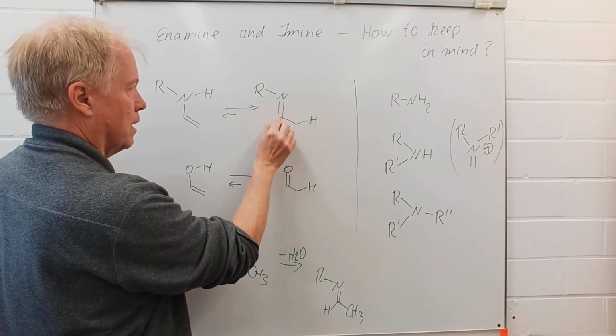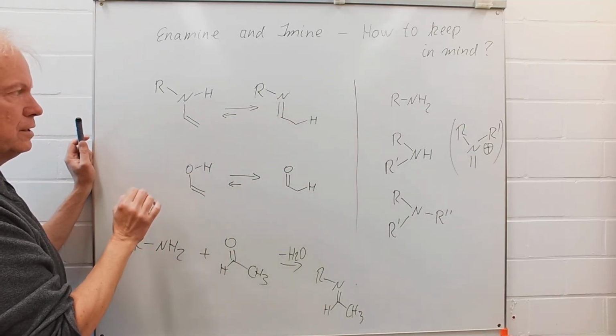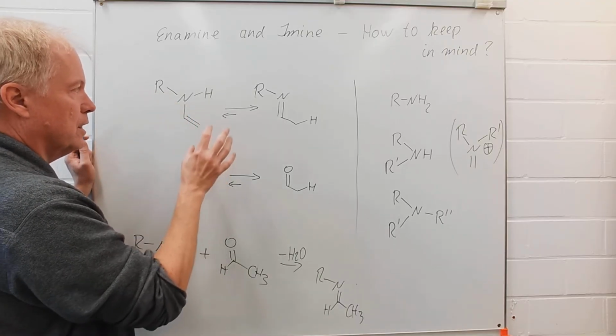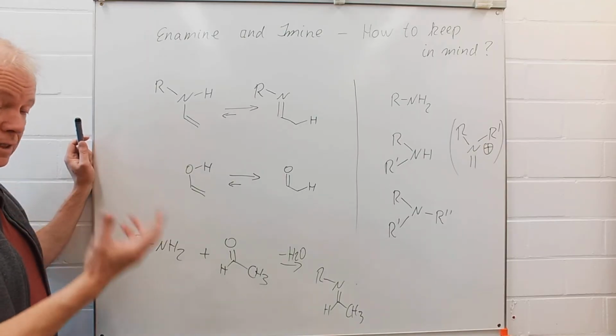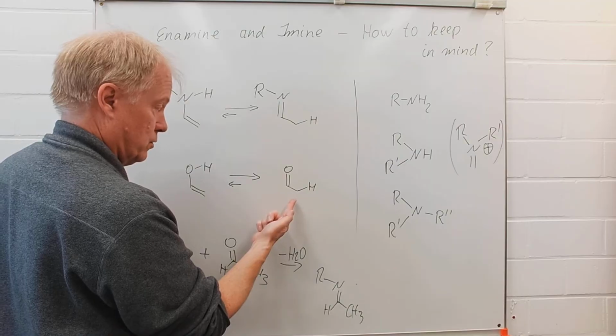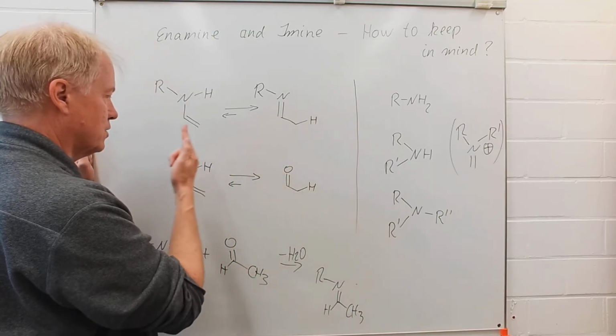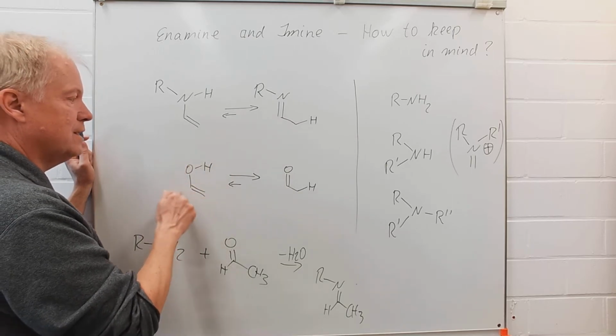Here we have a carbon-nitrogen double bond. And generally the equilibrium is on the side of the imine, just as it is the case for the carbonyl group and its equilibrium with the tautomer, the enol.